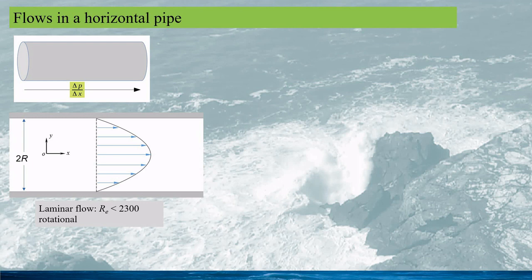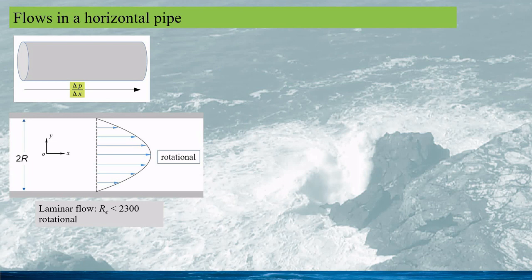In the steady state, the flow has a parabolic velocity profile, and in such a case, the flow is rotational. We can easily check using the method presented previously.